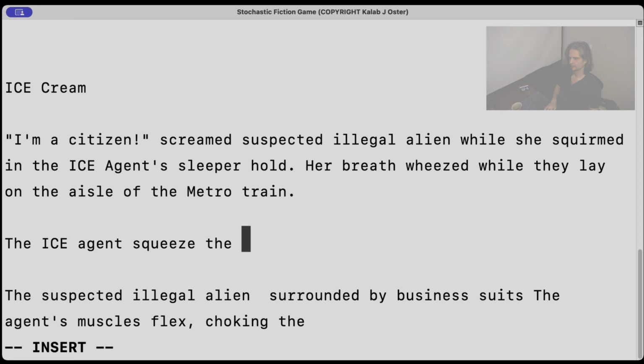Squeezes the scream from her breath. Chokes the scream from the illegal alien. It's better. Fewer words. More direct and impactful.